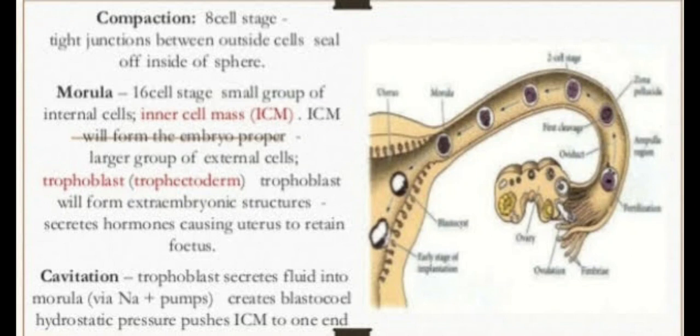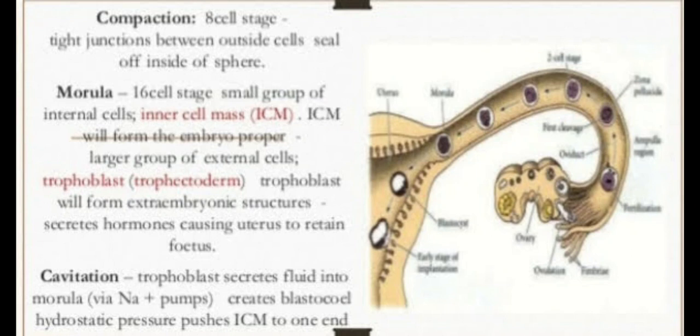ICM in course of development will later form the embryo proper, and there are cells present covering the ICM. They are larger group of external cells, and these will later form the trophoblast.